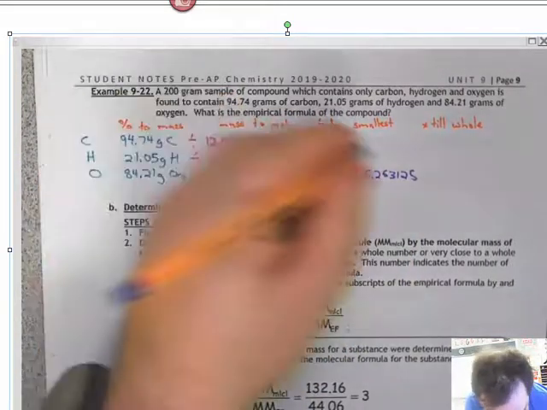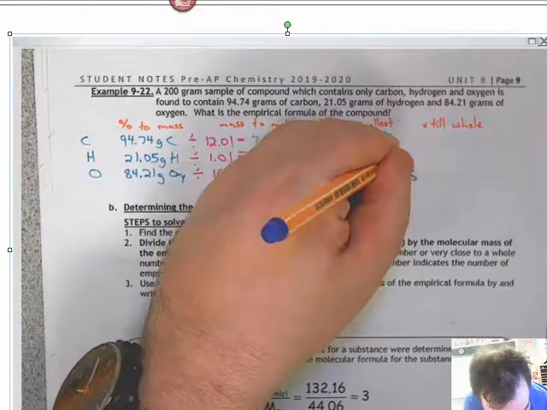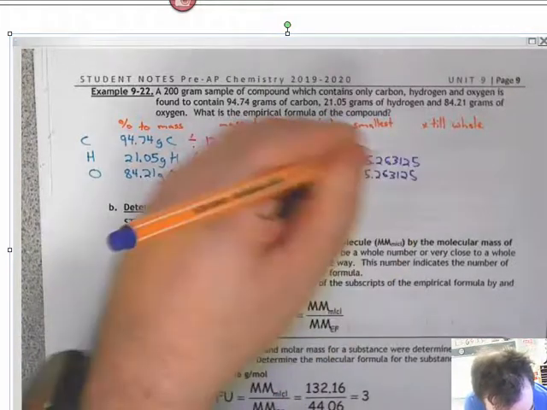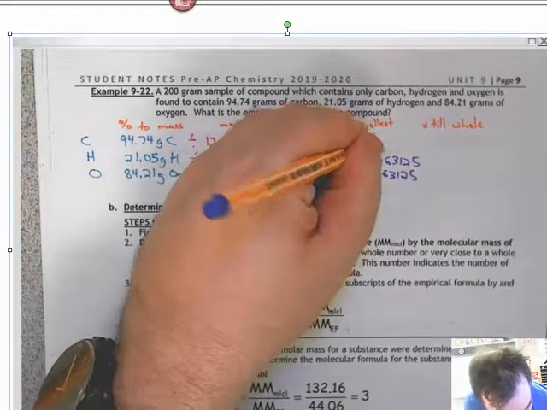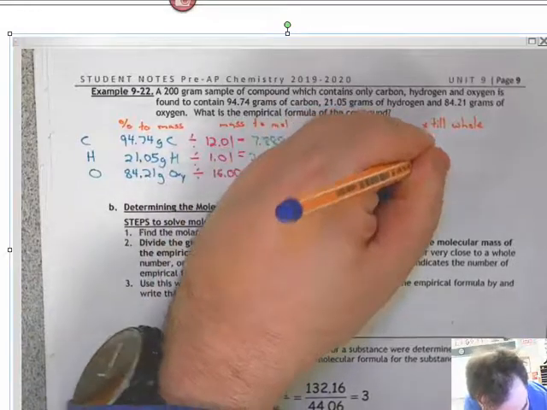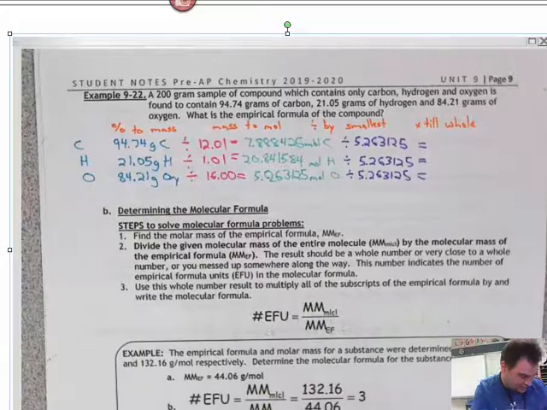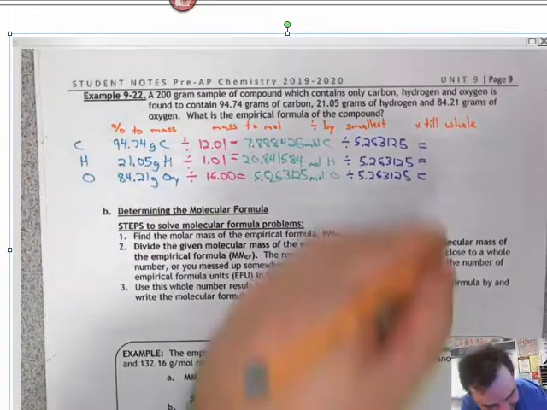Each of these gets divided by 5.263125. So for this one here, we get 1 oxygen.